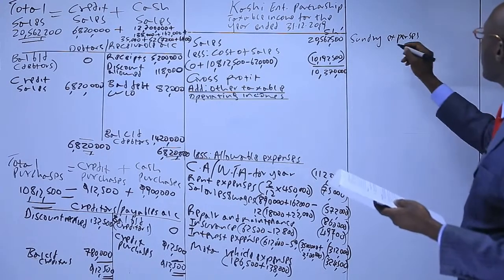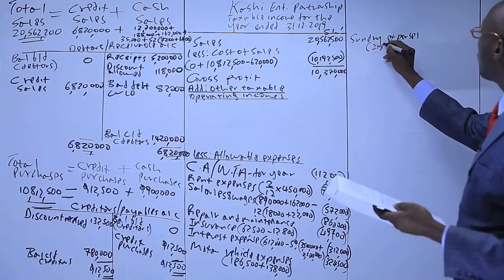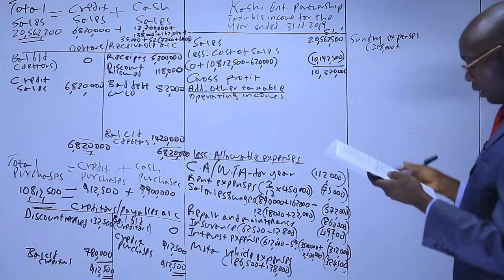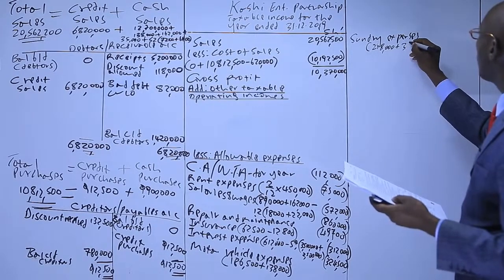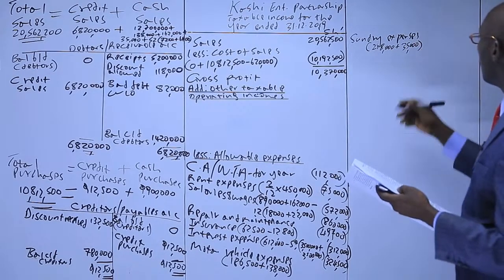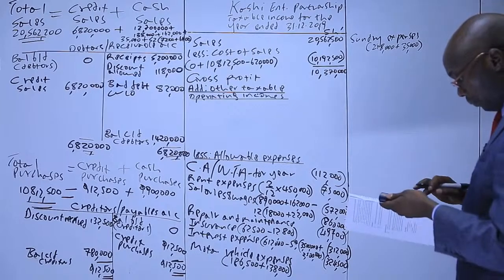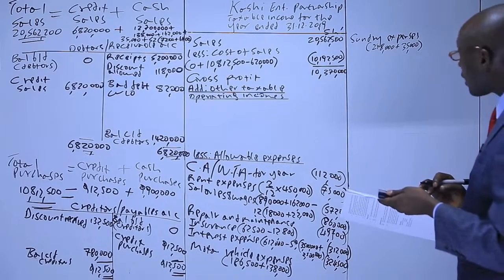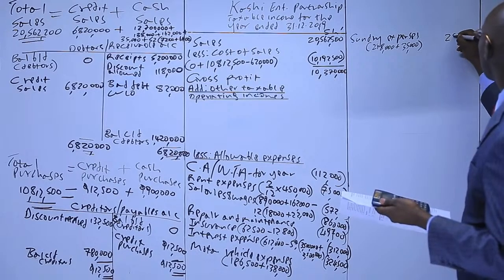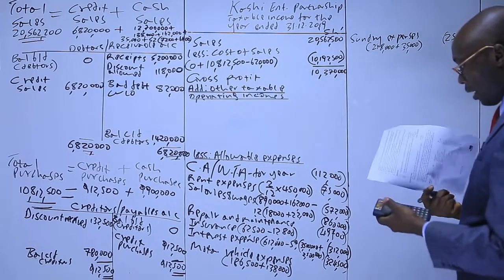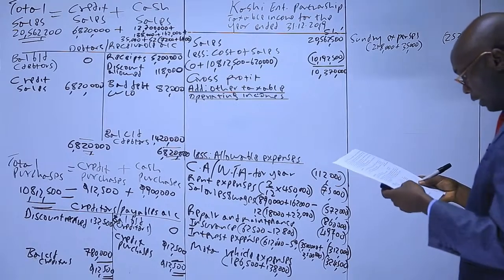So we'll have 218,000, and then we add the one that was paid through cash, which is 35,000. 218 plus 35,000 gives us 253,000.